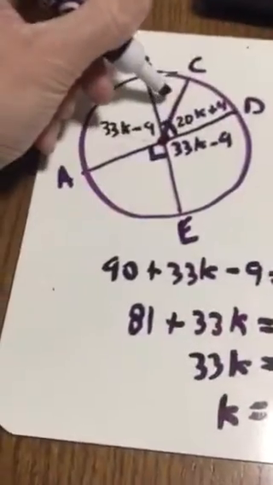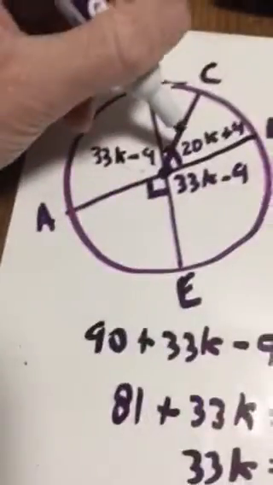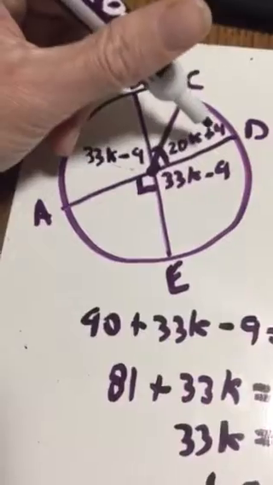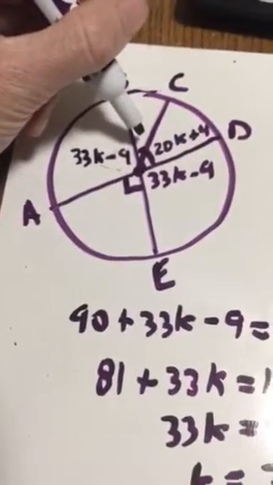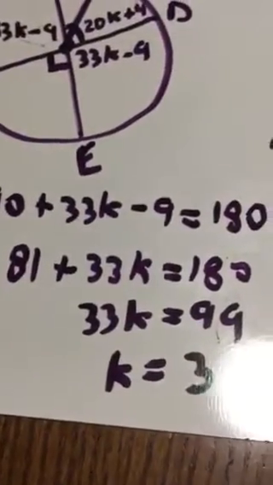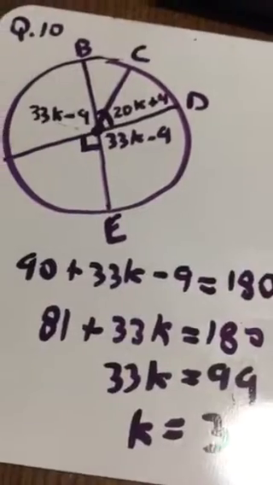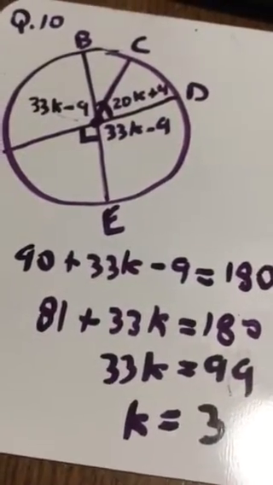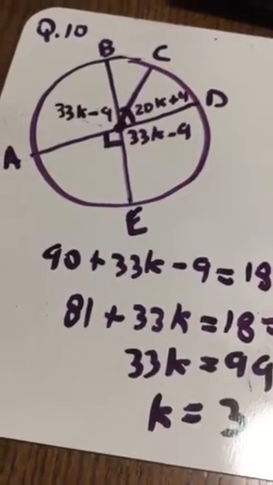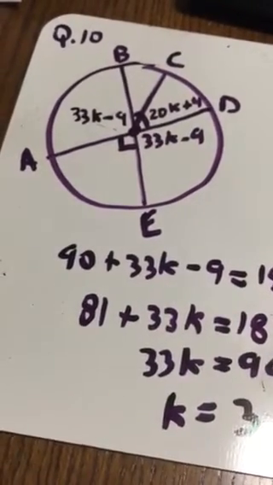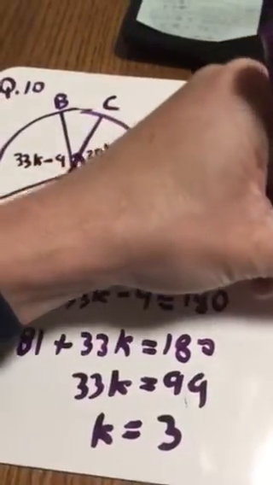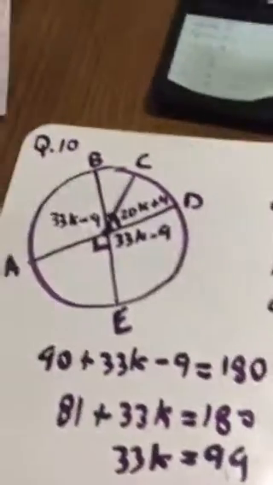So I can actually find this missing angle right here. If this is 90 degrees, that means 20K plus 4 plus whatever this is should equal 90 degrees. We can find the numerical value for 20K plus 4, because we know our K value.